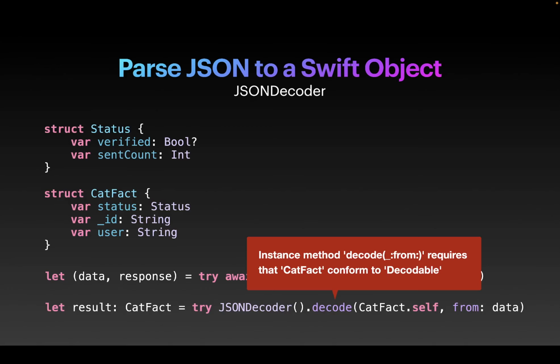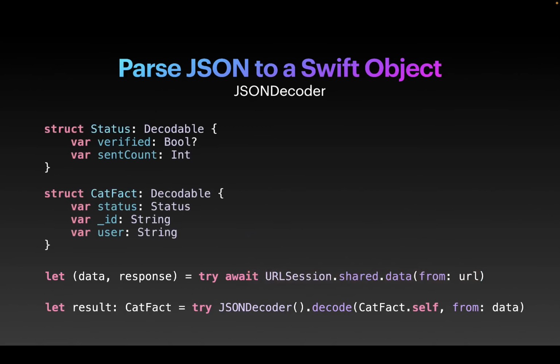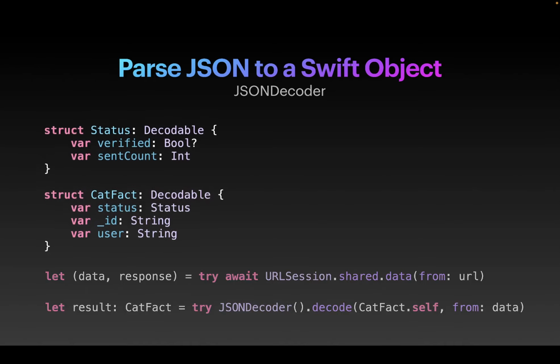But you can achieve that easily. Take a look at this. We conform both structs, the status struct and the cat_fact struct, to a protocol named Decodable. And that's it, actually. So it silenced the warning.